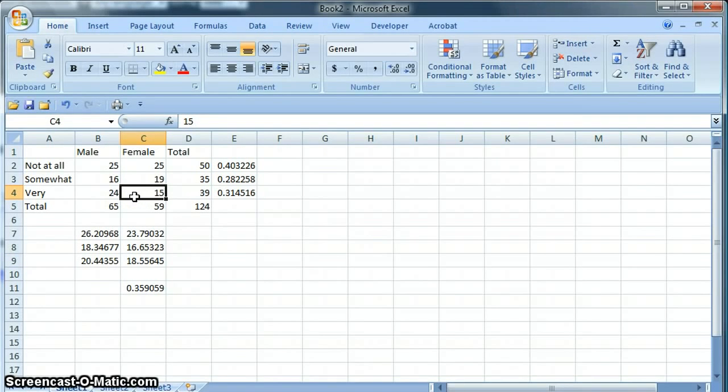Our question, though, is whether that is enough of a difference to make an inference about the target population, which is going beyond the sample. The answer, because our chi-square result is significantly bigger than 0.05, is no. This is not enough evidence to conclude that males and females are different in the target population for this set of data.